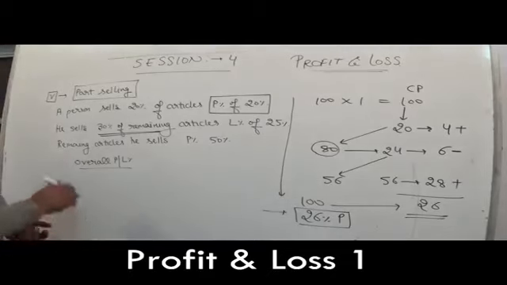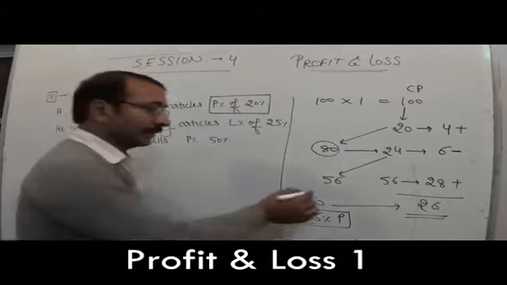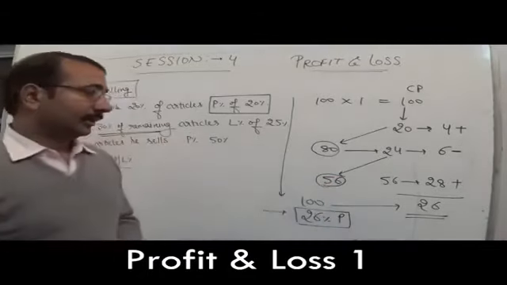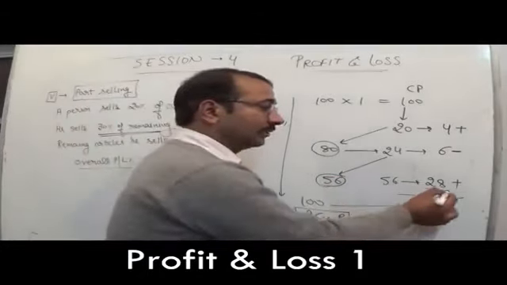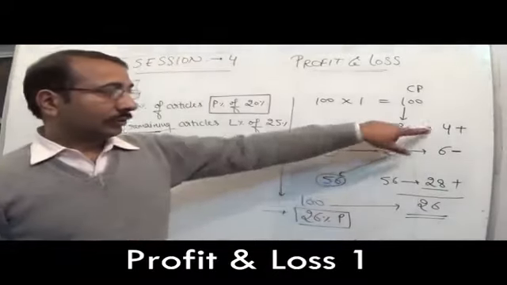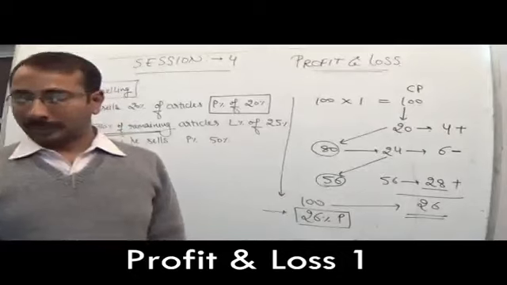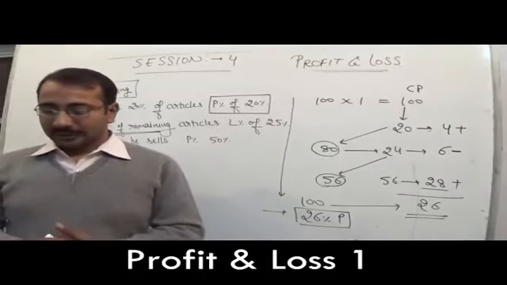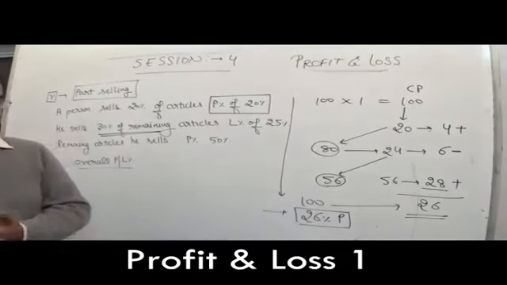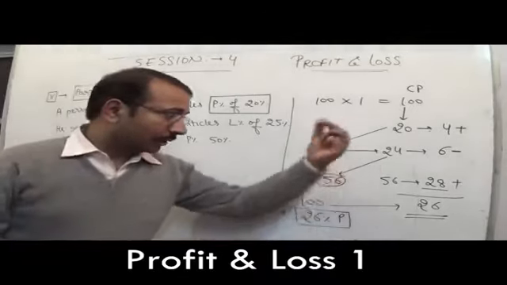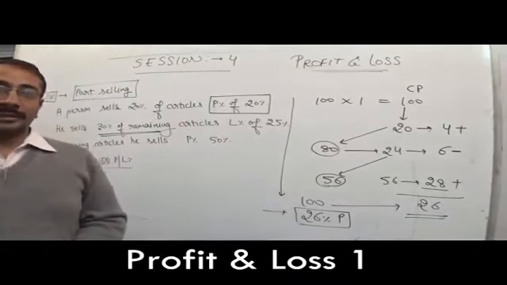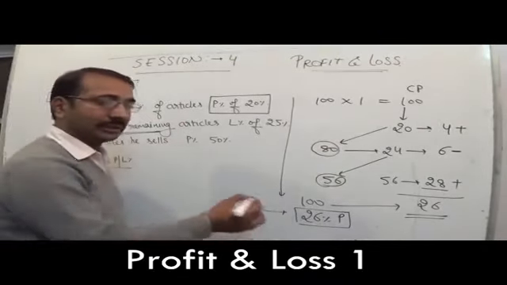Then the remaining articles he sells at a profit of 50%. My remaining articles are equal to 56, and profit is 50%, that is 28. So overall profit is 32 and loss is 6. I can say my profit is 26, so on 100 rupees I have got a profit of rupees 26. My profit is said to be 26%.